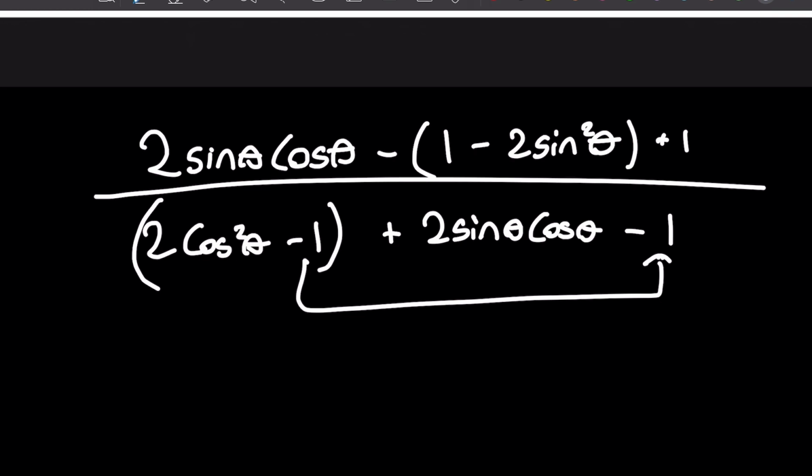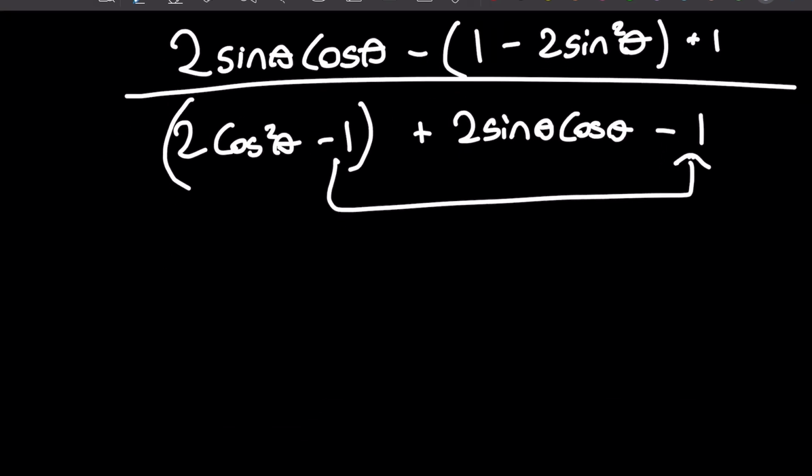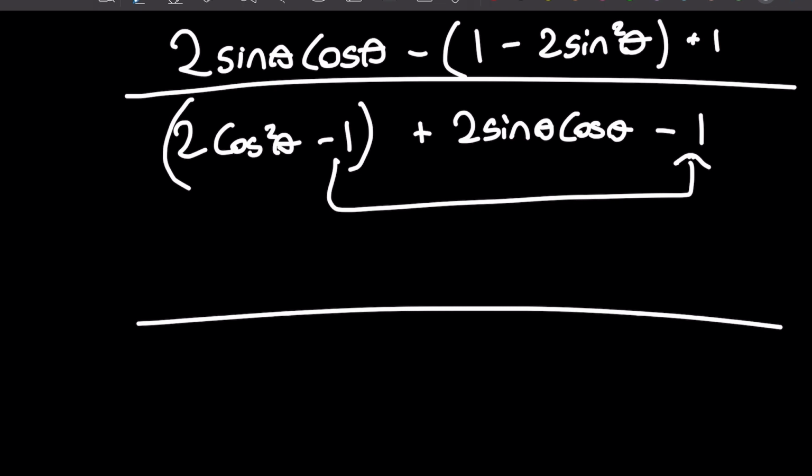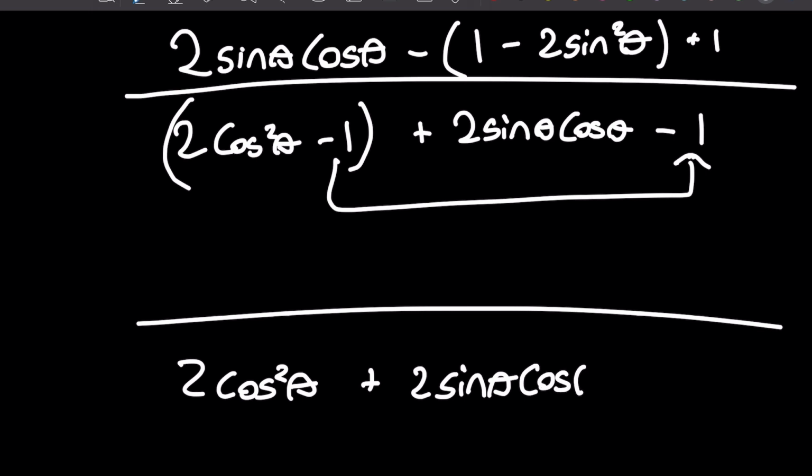So what we'll have, we haven't done the numerator yet, but it'll be over 2 cos squared theta plus 2 sine theta cos theta minus 2. We got the minus 2 from just subtracting both of the negative ones.